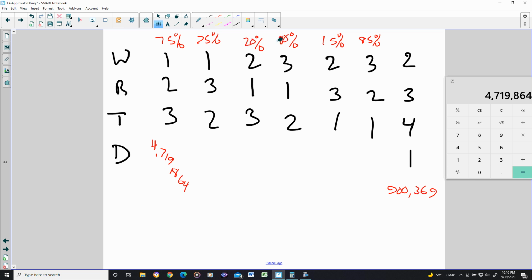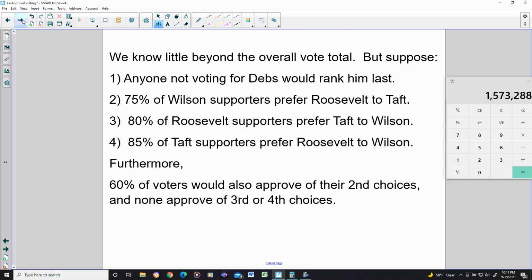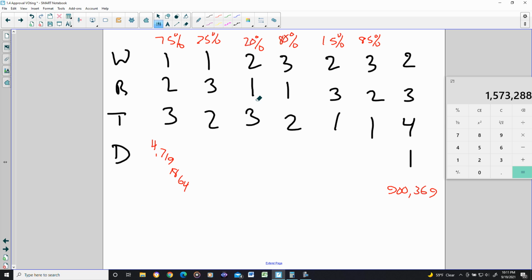Okay, so let's go back and find the rest of those numbers. So 0.25 times 6,293,152 is 1,573,288. Okay, so we'll put that here. 1,573,288. And we're going to do that for all the rest of these as well.